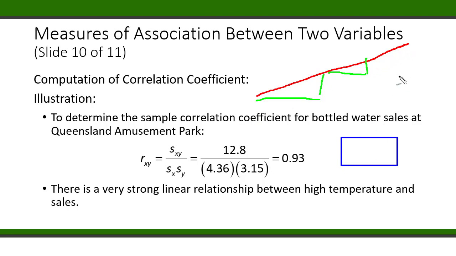So if we had a negative slope, a negative slope would look like this. So a decrease in y leads to a decrease in x.